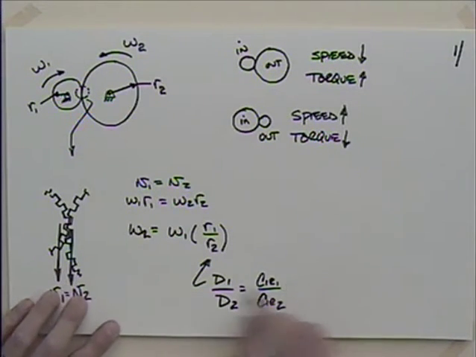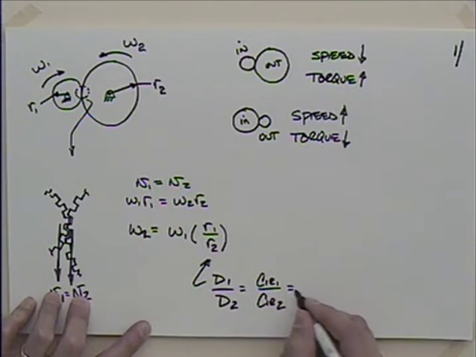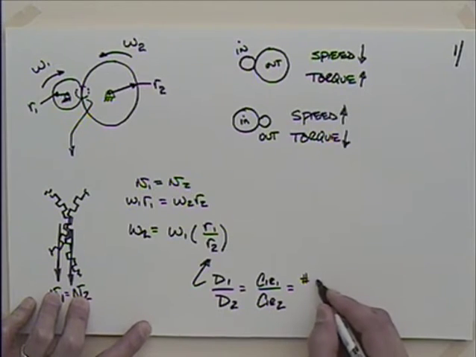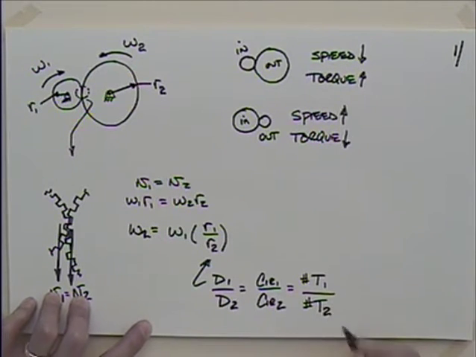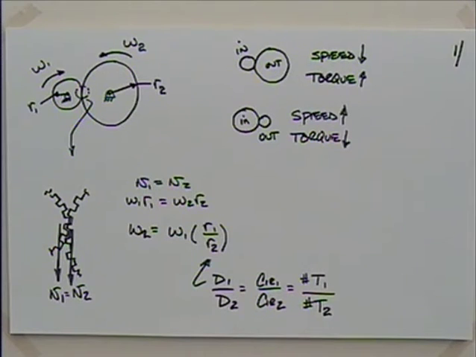And the circumference would really be a function of the number of teeth. So we could say the number of gear teeth in 1 divided by the number of gear teeth in 2, couldn't you? So we could look at the ratio as the ratios of the radiuses or the ratios of the diameters, or oftentimes even the tooth count.